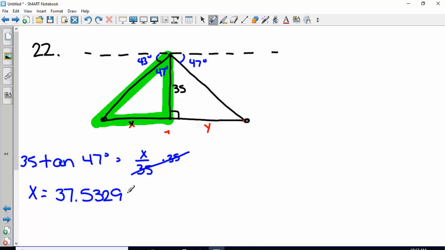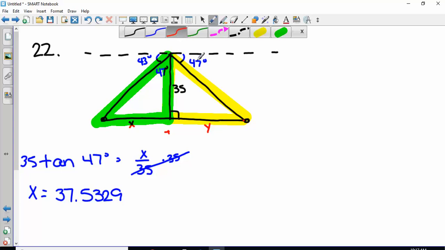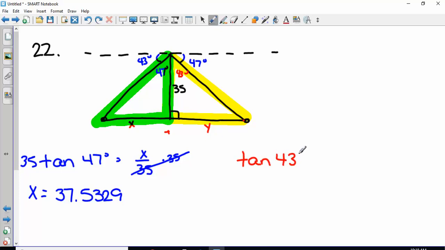Now let's look at the second triangle. If I'm looking over here, I need an angle inside the triangle. These two have to make 90, so 90 minus 47 is 43. So I could say the tangent of 43 degrees equals my opposite, y, over my adjacent, 35.